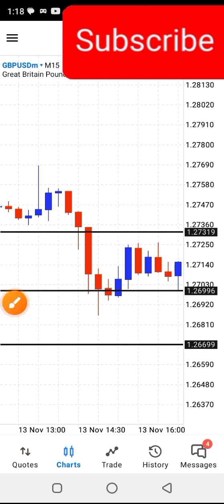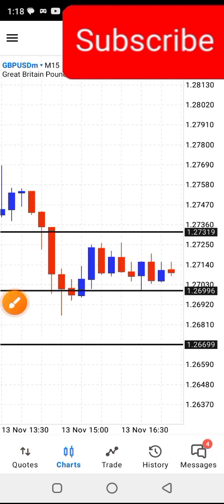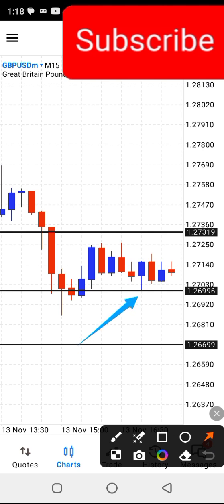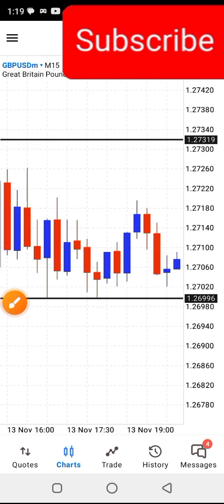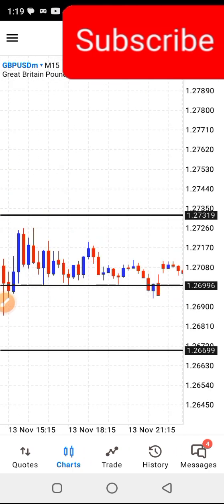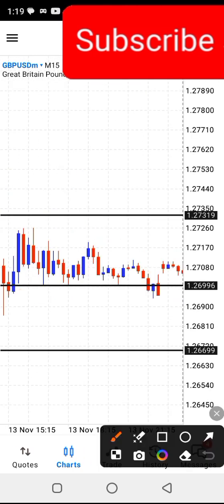Okay, so where are we going to get triggered? Price came and almost triggered the entry right here, but I think due to spread it won't be triggered at that point. It has to come a little bit lower. Okay, so right here we would have entered the trade at that level. So let's see what played out.